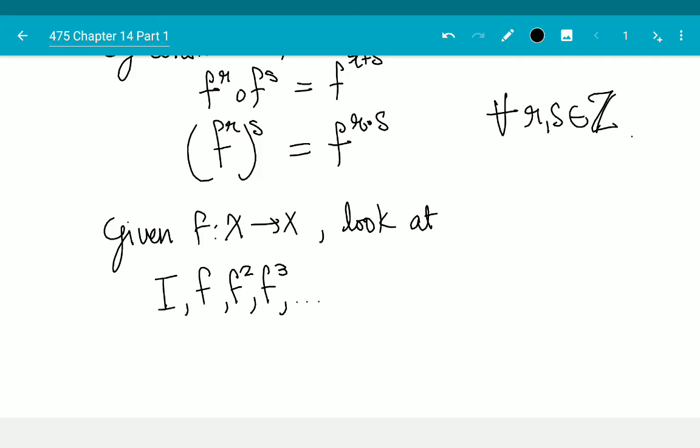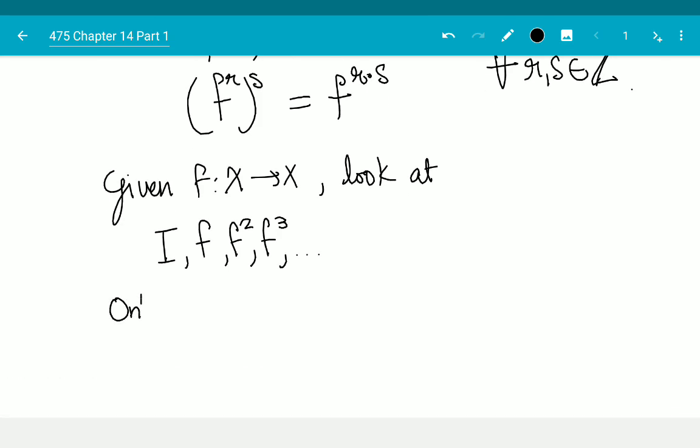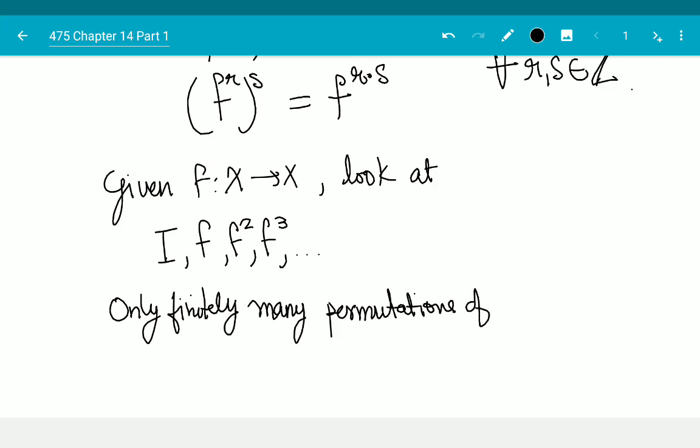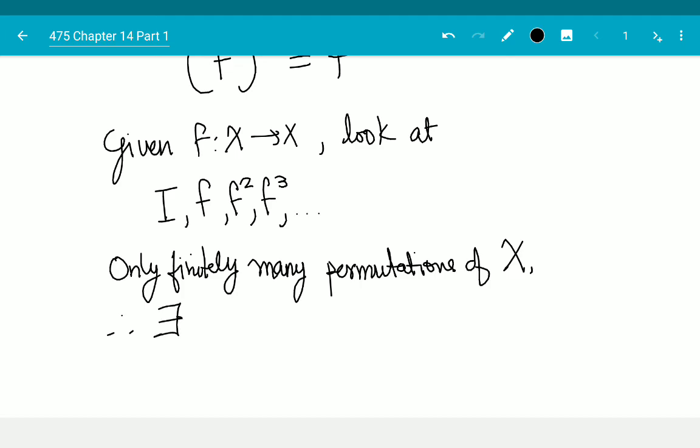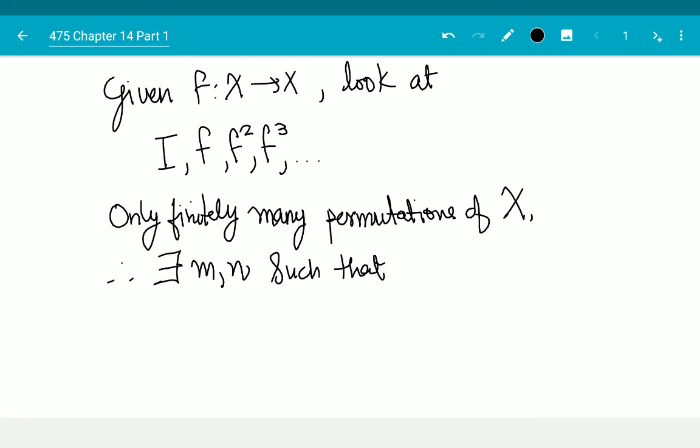Well, there are only finitely many permutations of x, therefore there exists m comma n such that f to the m is equal to f to the n and m not equal to n.